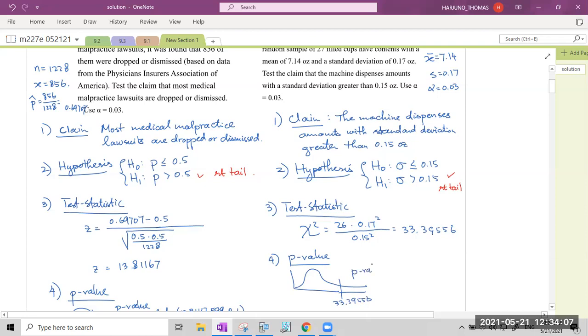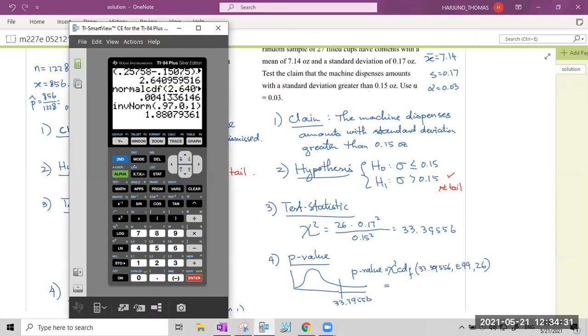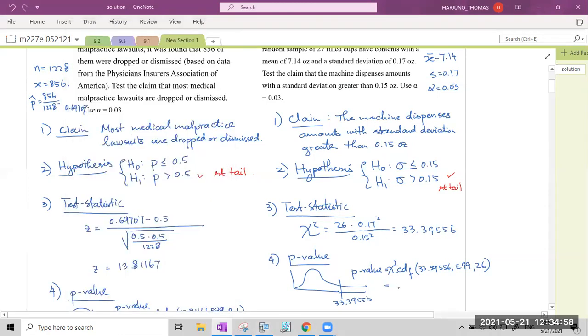So the p-value is chi-squared CDF, lower bound 33.39556, upper bound of very big numbers E99, degree of freedom 26. 0.15093. Oh, it's more than 3%.